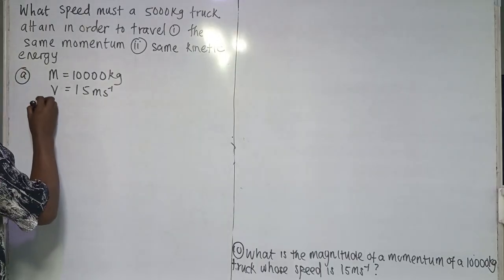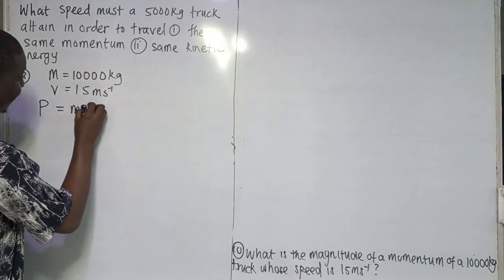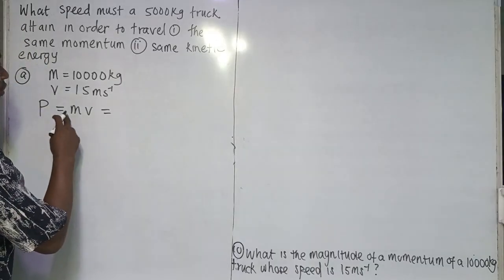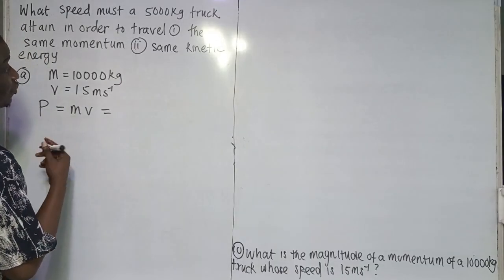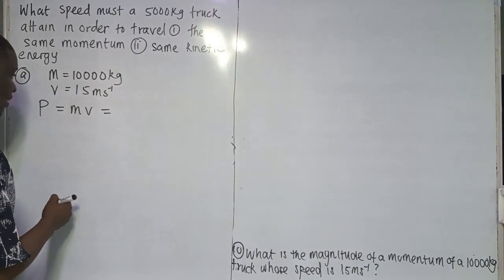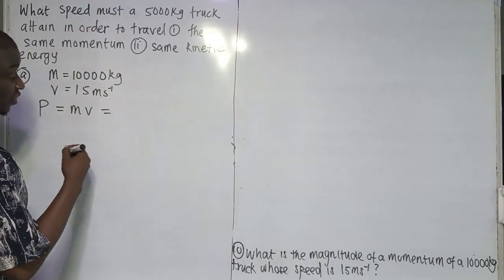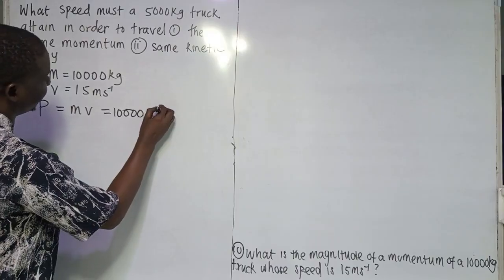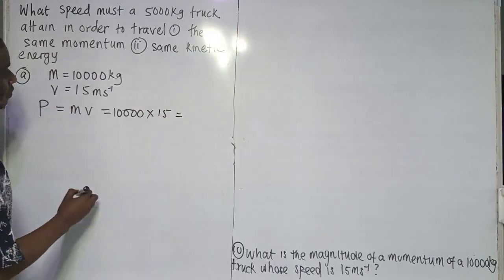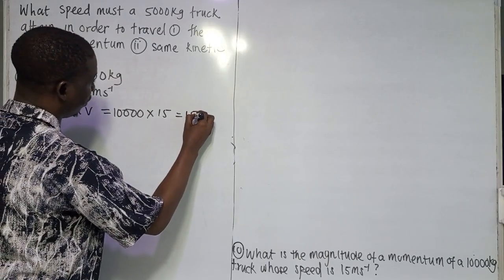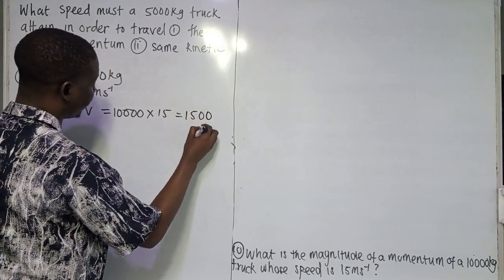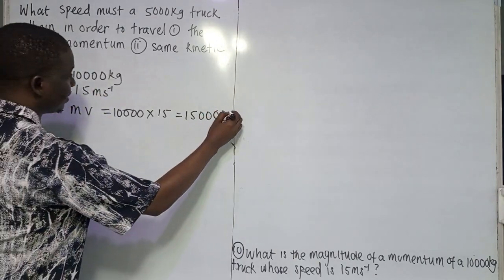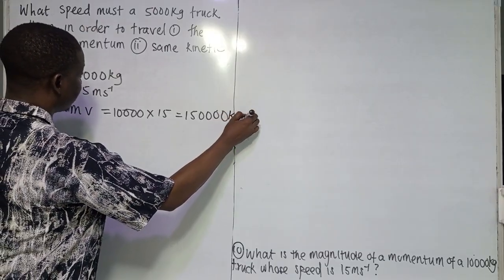That is question A. So the momentum P is equal to mv, mass times velocity. Don't forget it is also equal to impulse, provided the initial velocity is 0. Impulse is force times time. So this will be 10,000 times 15, which is 150,000 kilogram meter per second.